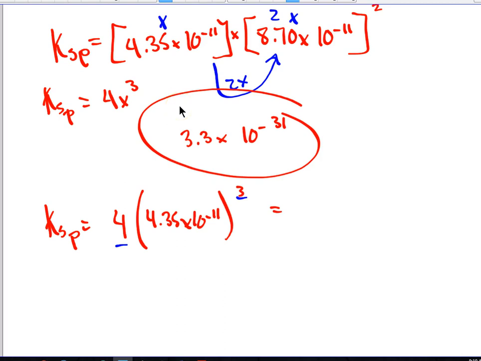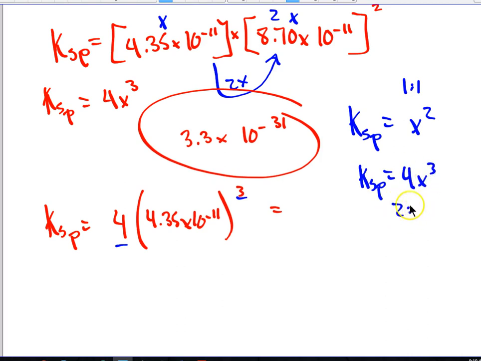You have to be able to go both directions. Now the good news is, once again, it usually is only either KSP equals x squared, where this is a 1-to-1 ratio, right? Or it's KSP equals 4x cubed, where that's a 2-to-1. Well, usually it's 1-to-2, but it doesn't matter either way.